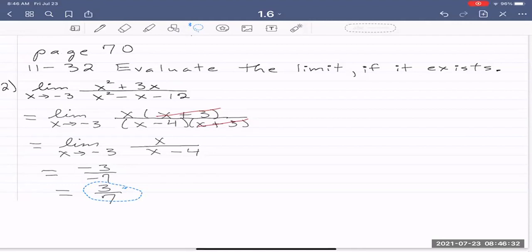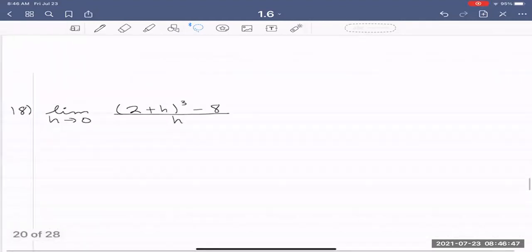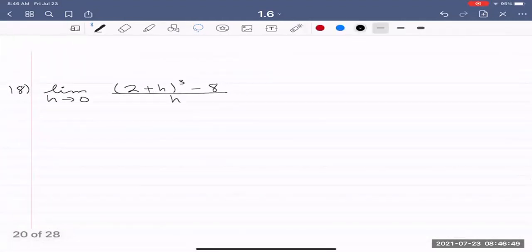Okay. So notice that once we have all of these limit laws, these problems involving limits are easy. We just plug in. We can do things now. Okay, so now let's do another problem. Problem number 18.